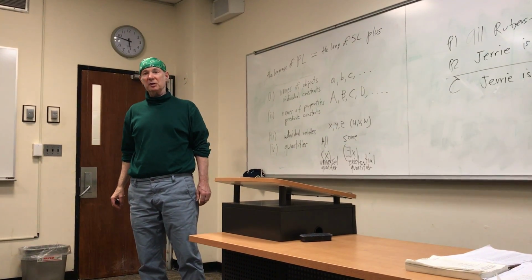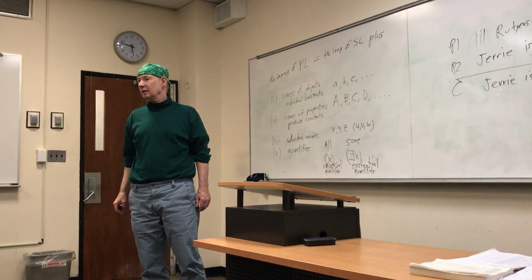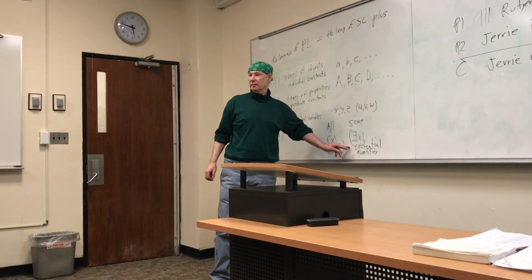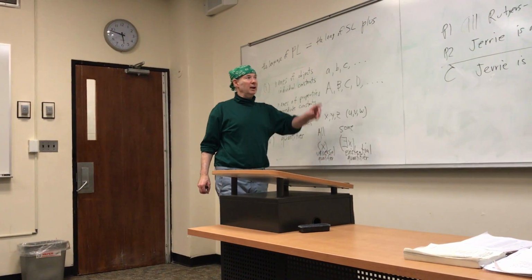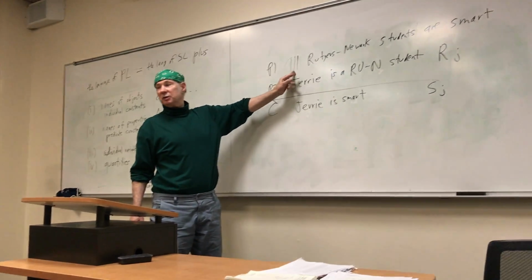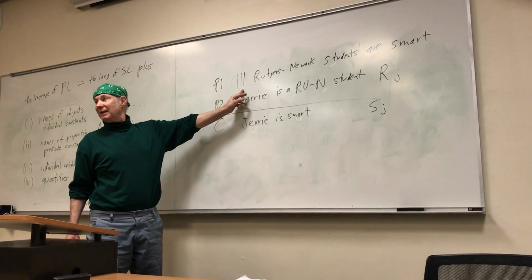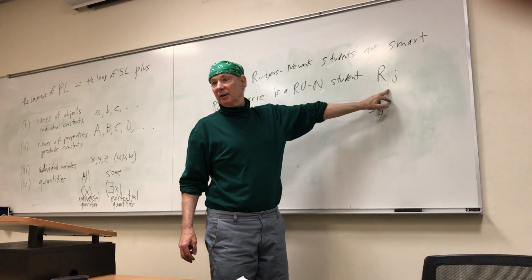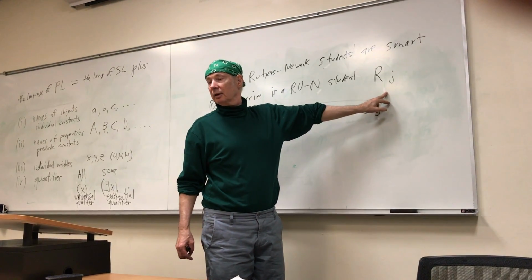Okay, now comes the hard part. If we didn't have these quantity words, the only way to say that all Rutgers Newark students are smart would be to write down 40,000 of these, one for each student.